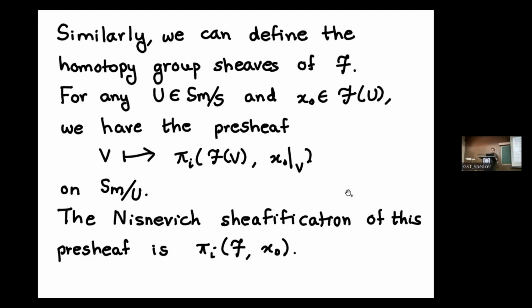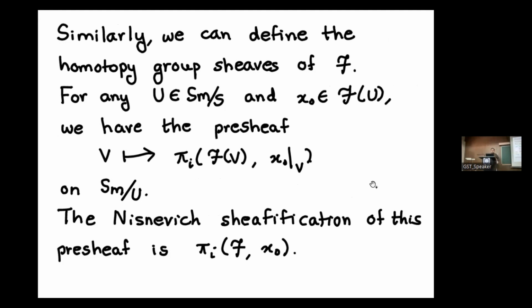And just like this pi naught, we can construct higher pi i's, that is the homotopy groups. Now, when we look at a homotopy group, we need to have a base point. That means inside f of u, we need to pick an element. But as u varies, this choice should become coherent, they should be related.